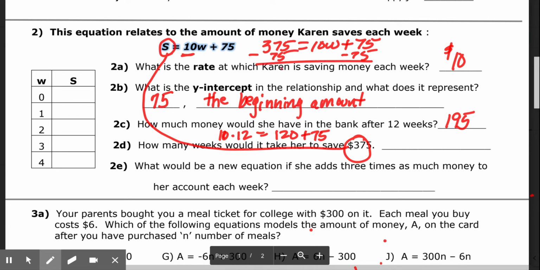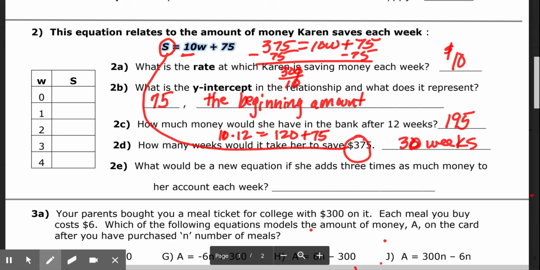Then 300 divided by 10 is 30. How many weeks would it take her to save $375? It would take her 30 weeks.